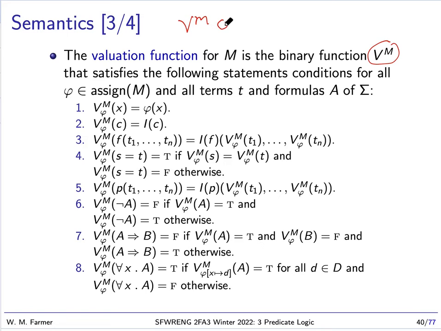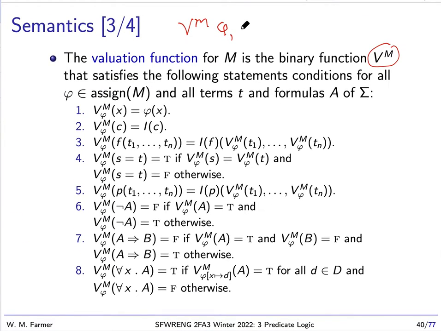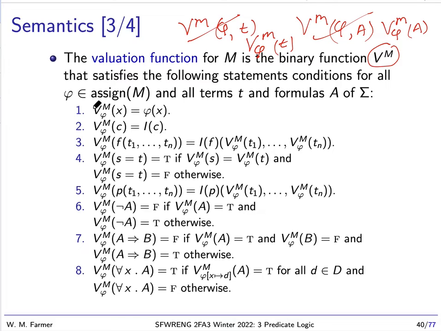It will take one of these things we just defined up here, a variable assignment, and it will take either a term or it will take a formula. Now, it's convenient not to write it this way, but to write it this way and put the variable assignment here. But it's still a binary function. It takes two arguments, phi, the variable assignment and term, and phi and the formula.